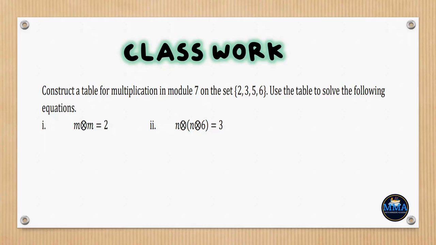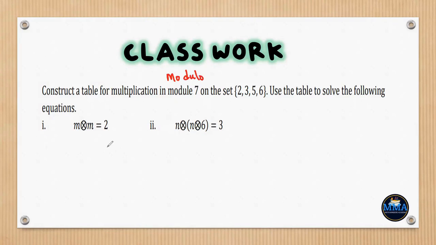So this is your classwork. Based on what we have done, you are asked to construct a table for multiplication in modulo 7. You can correct this. This is modulo 7.